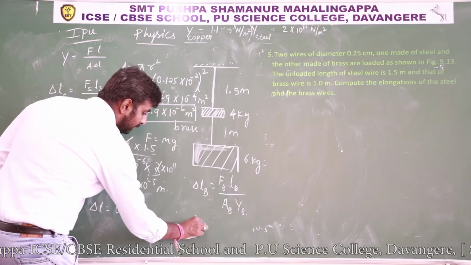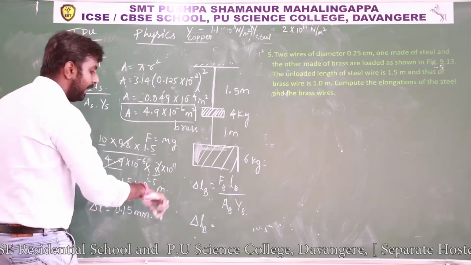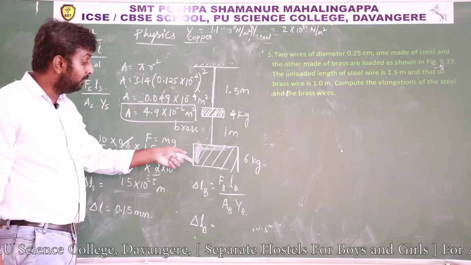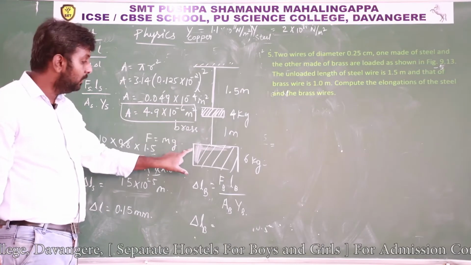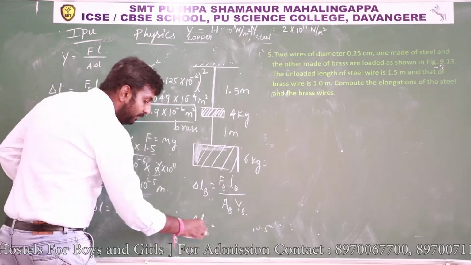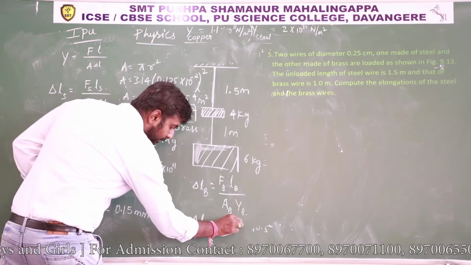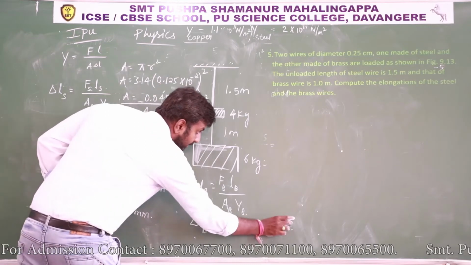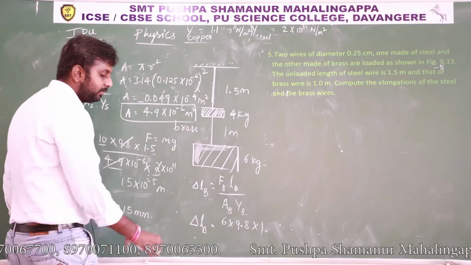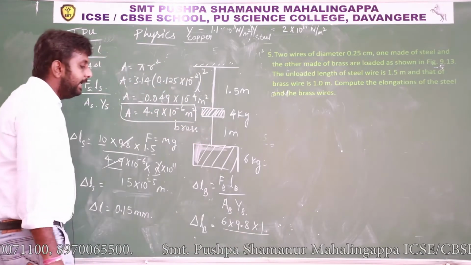For the steel wire 10 kg is added; for the brass wire, if you see the diagram, only 6 kg is added. So here in place of F I will write 6 kg into 9.8. And the length of the brass wire is 1 meter, multiplied by 1, divided by area.